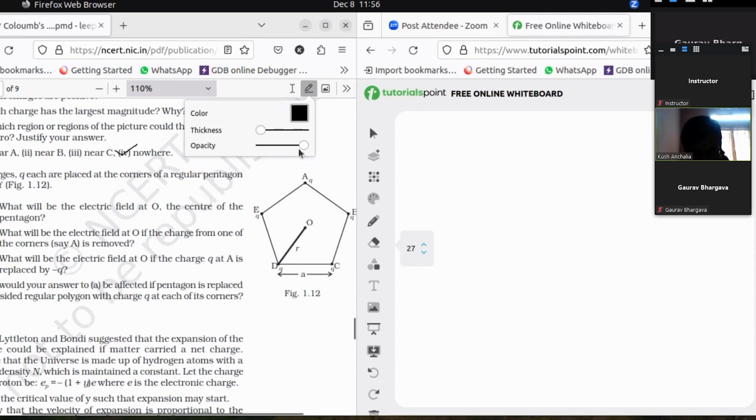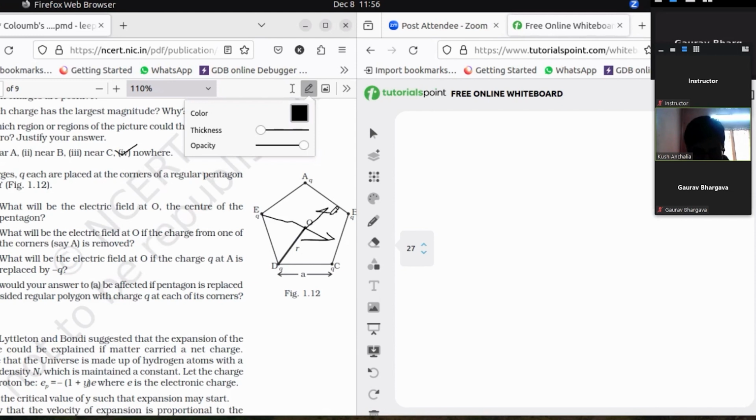In the case of regular shapes, generally it is 0. Yes, it will be 0 in the case of regular shapes. When is the electric field 0 if the charge from one of the corners is removed? Okay, the charge from this one is removed. Let me guide you. kq by r square is this one, kq by r square is this one.